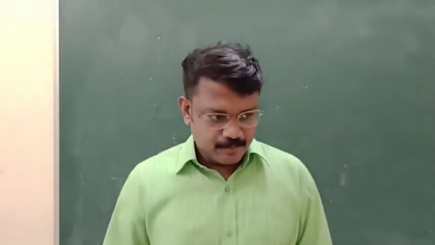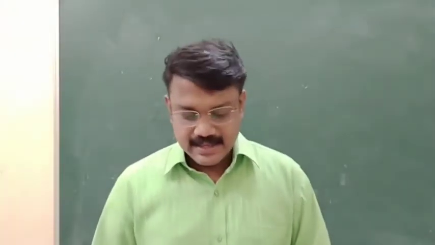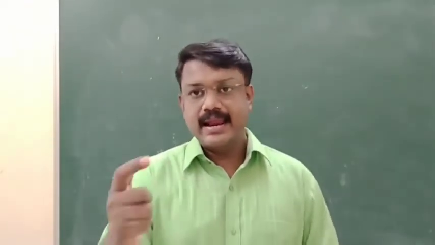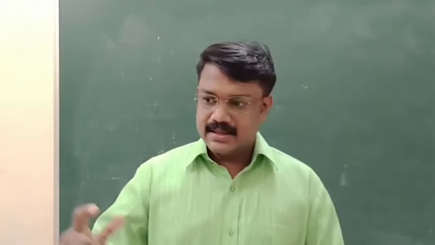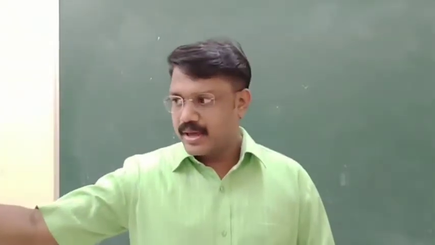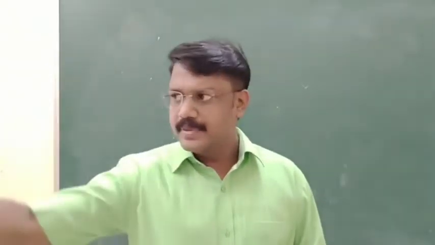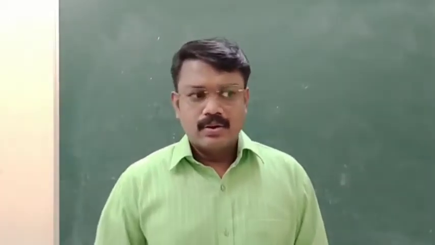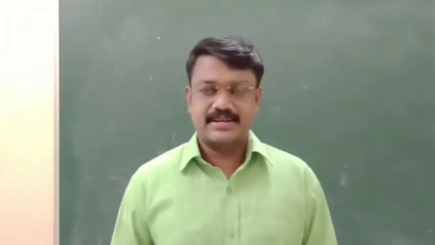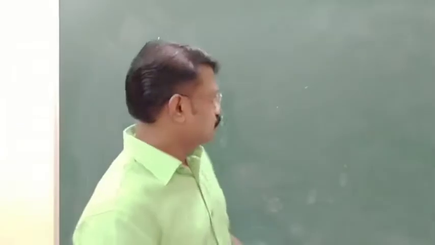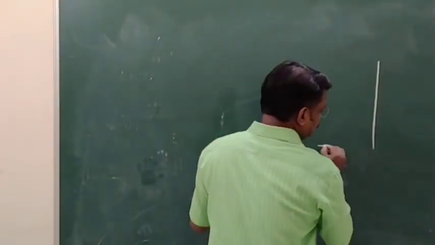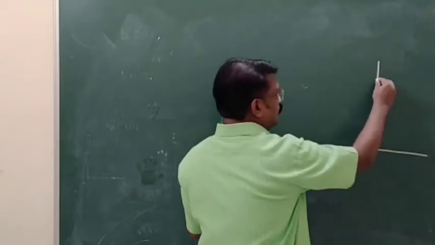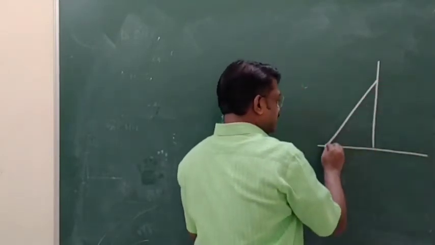A special kind of problem in physics is the ladder problem, the leaning ladder problem. That means a ladder is placed on a wall in a slanted direction. Suppose you have a wall here, and on this wall a ladder is placed like this.